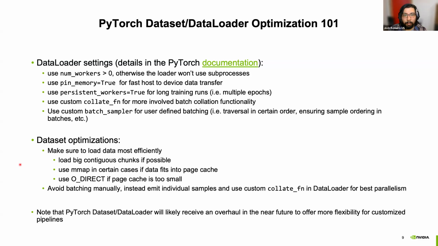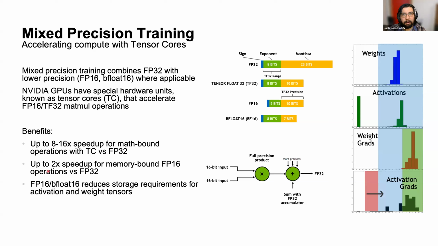I'll point out one example here. If you have a really large 3D volume you're loading from, you can use something like mmap to only load certain chunks of that memory at a time that you might be using for batching or for patching, rather than loading the entire sample at once, and things like that. Okay, that's it on data loader. Those are a couple of pretty abbreviated slides, but we'll cover some more on data loader in the hands-on section after this.